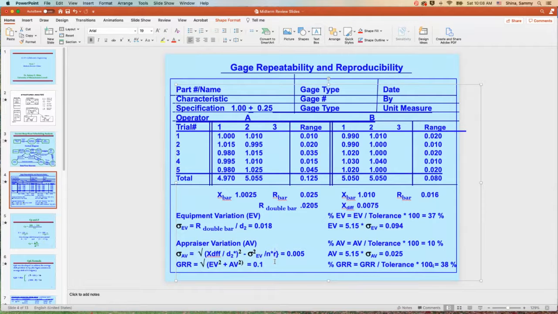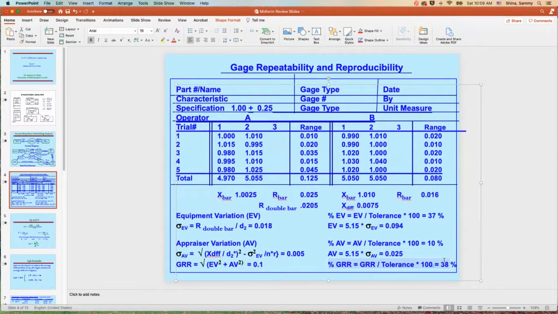So you take the sigma squared of the equipment, divide it by 10, and you get the sigma appraiser variation, multiplied by 5.15 if you're using traditional GR&R, multiply by 6 sigma if you use Minitab, and you get appraiser variation. And then GR&R is the, what they call RMS, or root mean square of the two, and you get percent GR&R. I'll ask in the midterm, I'll ask more about part variation as well.